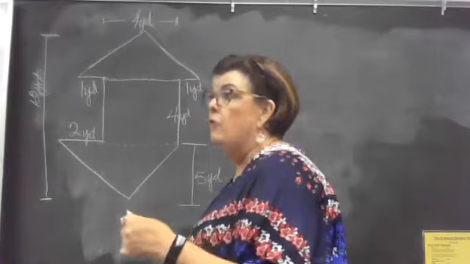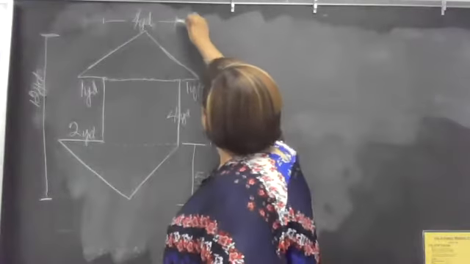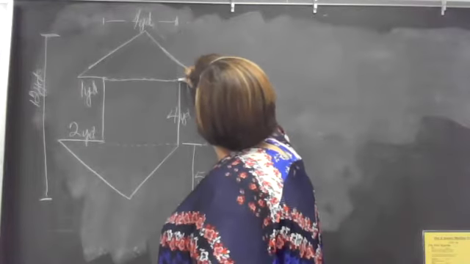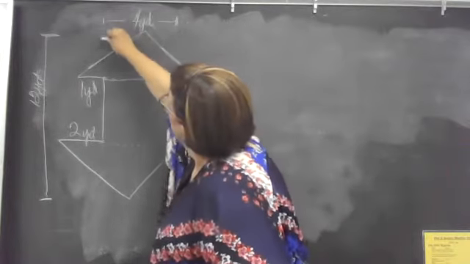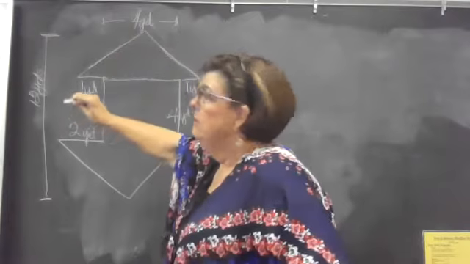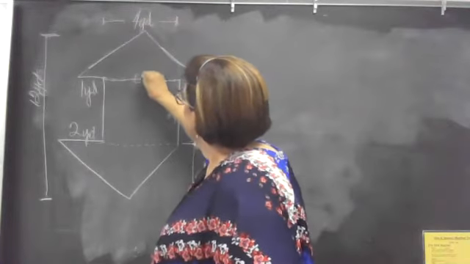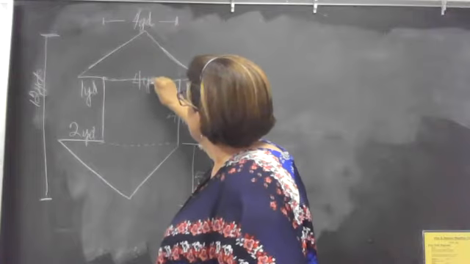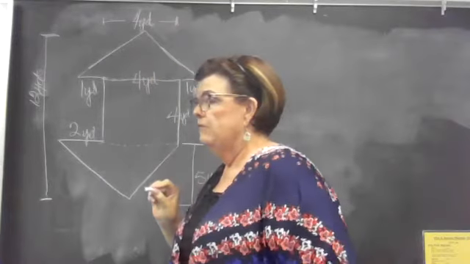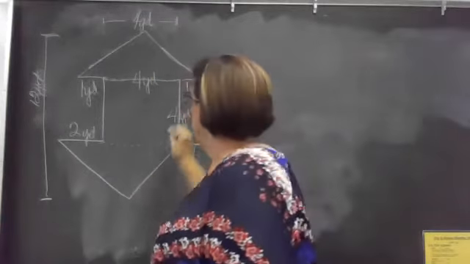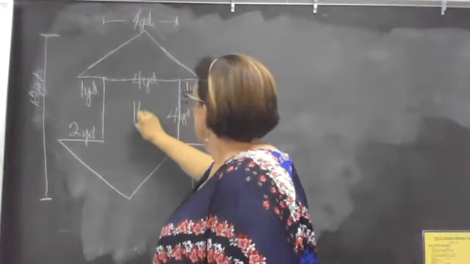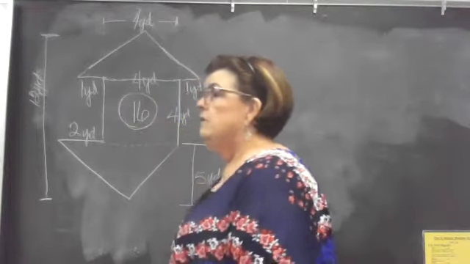It's 4. Because if you look here, it's going from here to here. And so they said from here to here is 4, which means this is 4 yards. Do you see how they figured that out? Okay, so 4 times 4, we've got 16 for this area.